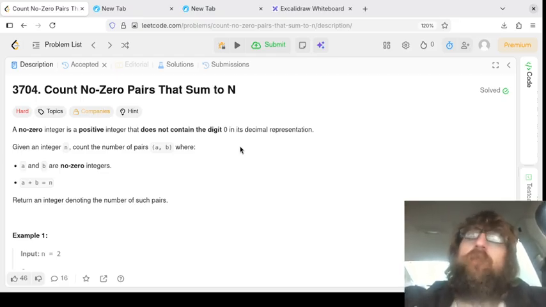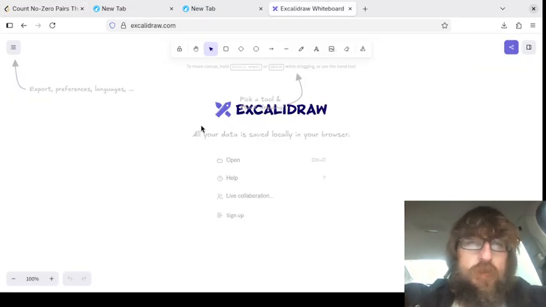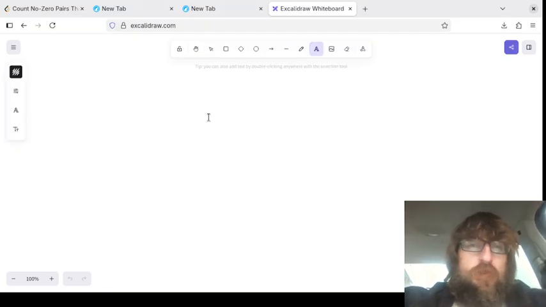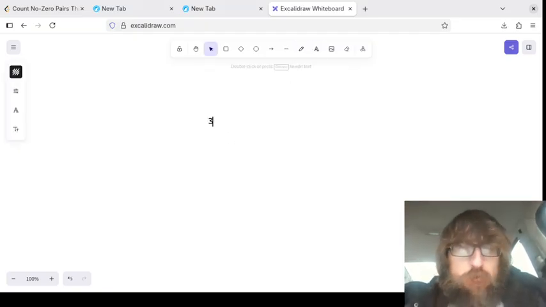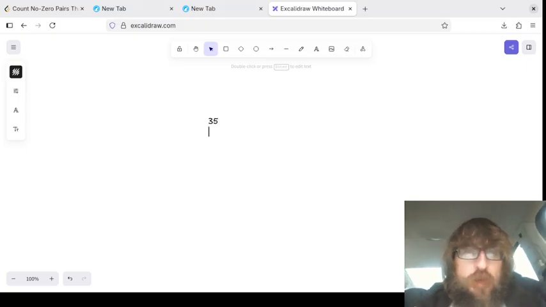and I realized, okay, this might be where I want to use Excalidraw. So let's try to draw some. Let's try with something simple like 35. So 35, we could pick a digit. Let's do 4, and I'll have another digit 1, and then I could pick another digit 2, and then that would leave me with another 1.